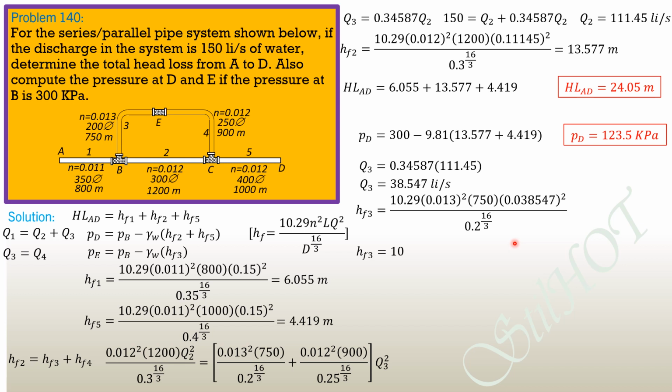So HF3 is equal to 10.356 meters. So therefore, pressure at E is equal to 300 minus 9.81 times 10.356. So pressure at E is equal to 198.4 kilopascals.